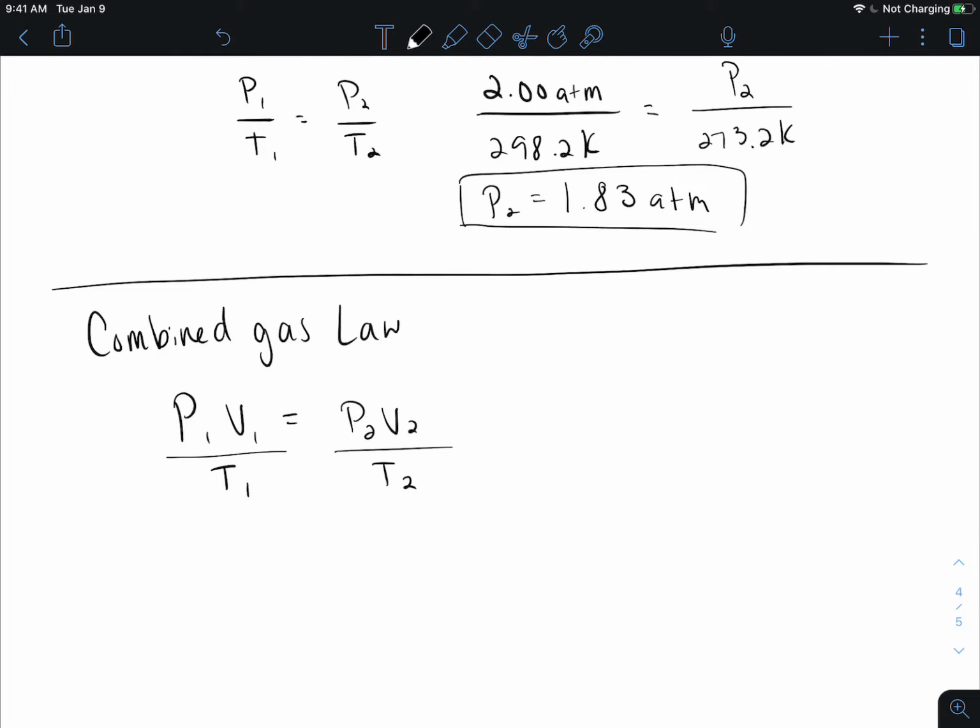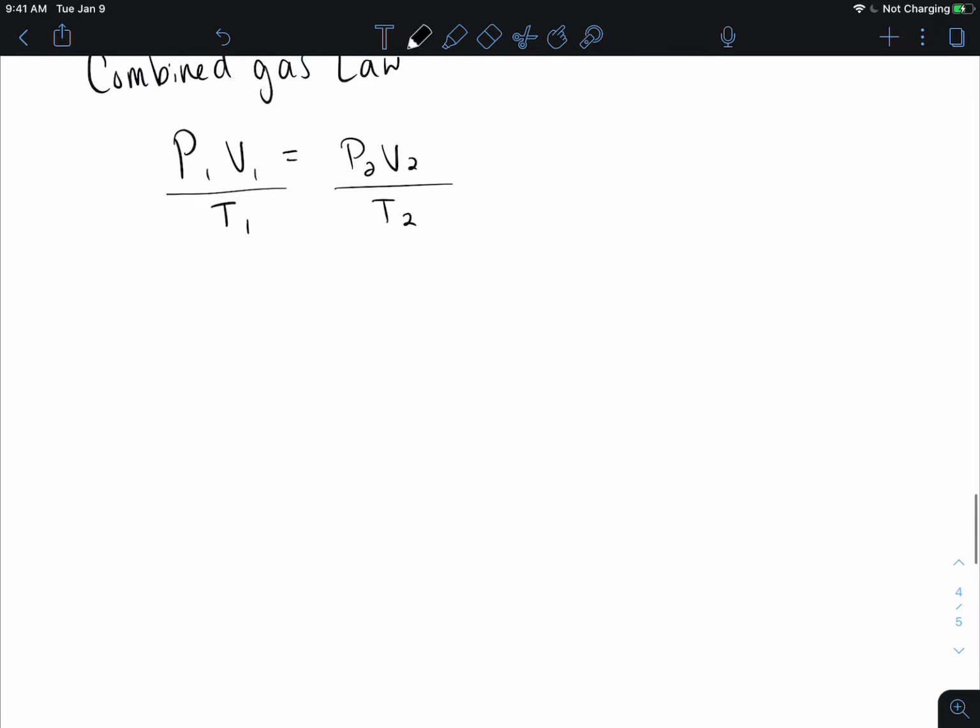So let's see how we would use this. We have a 20-liter container filled with helium at a pressure of 150 atmospheres and a temperature of 30 degrees Celsius.